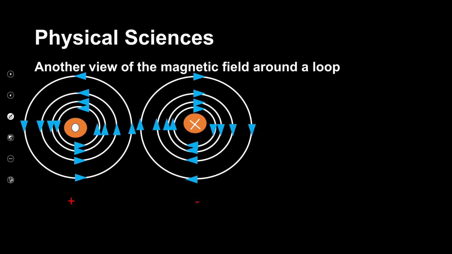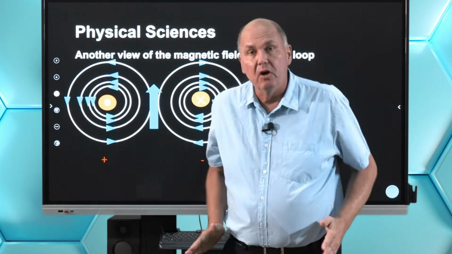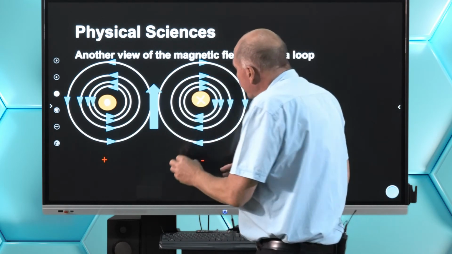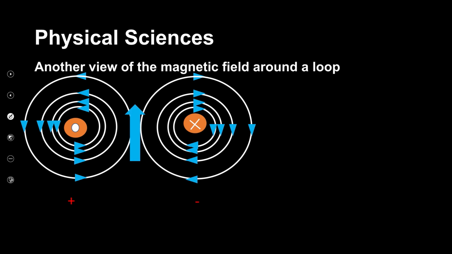Over here, they can spread out. So these ones should really be more uniformly spread. And the overall effect is that there's a very strong upward push or direction of the magnetic field. The magnetic field is very strong between these wires, and we indicated that by the big blue arrow.